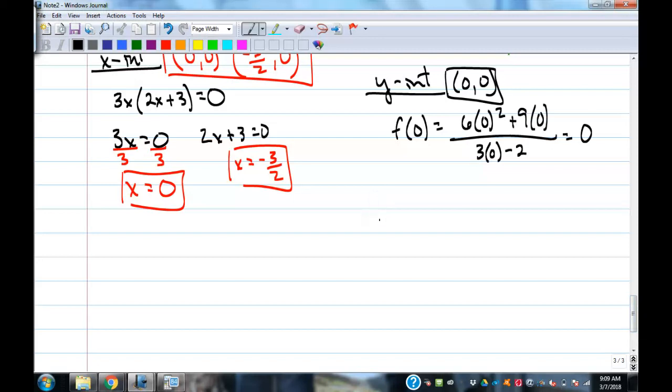Set the function equal to the asymptote.